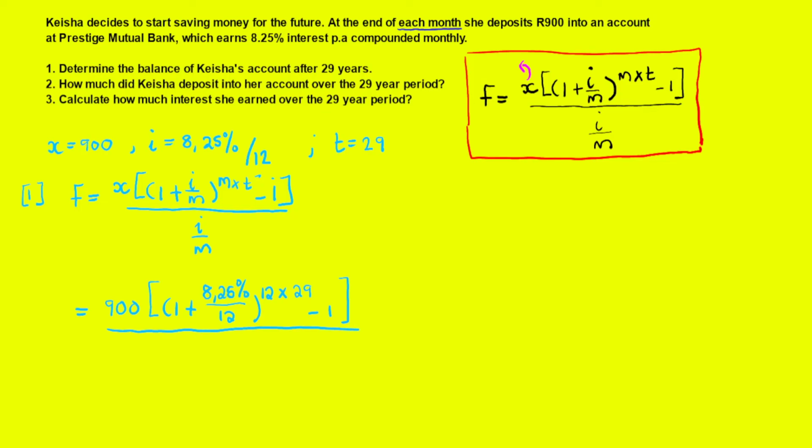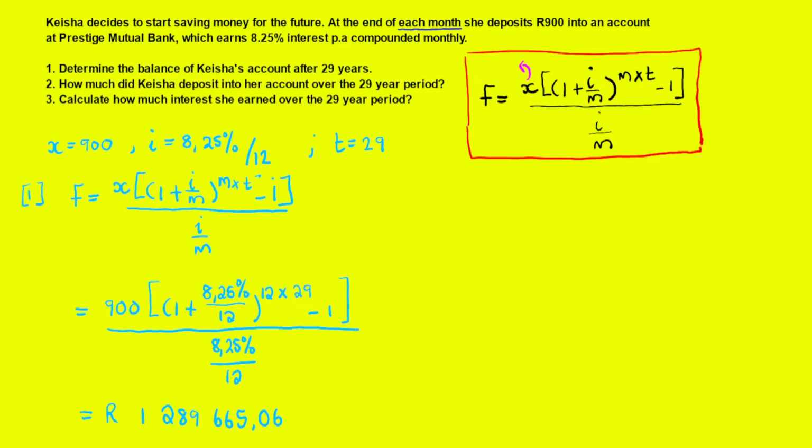This is divided by, again, interest rate, which is 8.25%, divided by your M, which is your 12. Put this in your calculator, and the amount that you will get would be 1,289,665 rands.